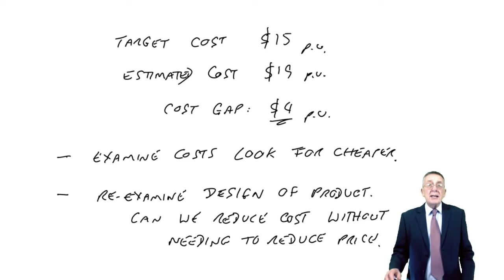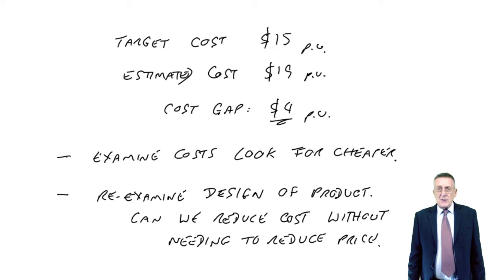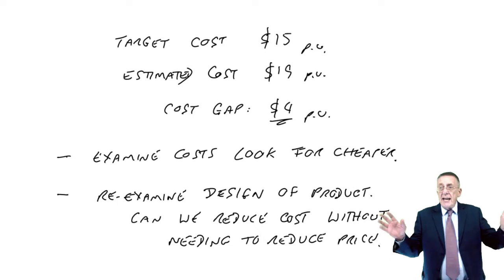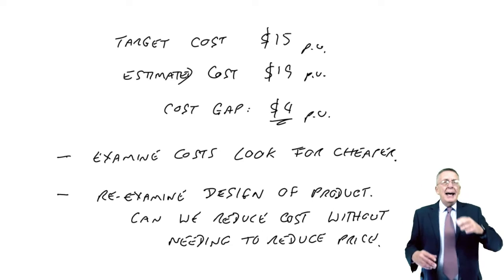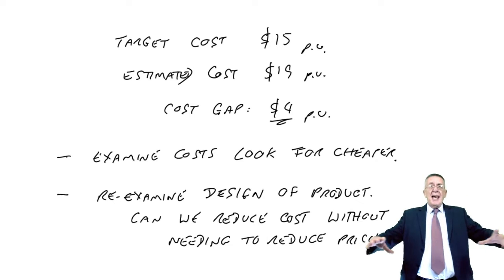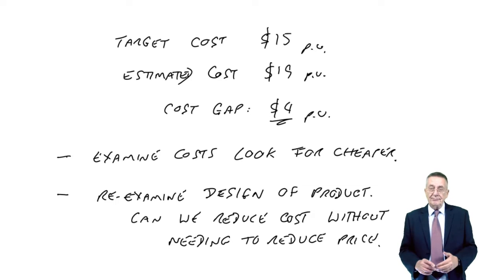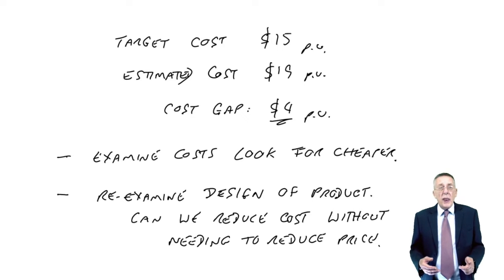Now, let me give you a tiny example. Suppose we make desks. We're launching a new desk. We've designed it. Our engineers have come up with this beautiful design of a desk. And perhaps the top of the desk is 2 square meters. It's wood. Well, this may sound silly. It's a baby example.